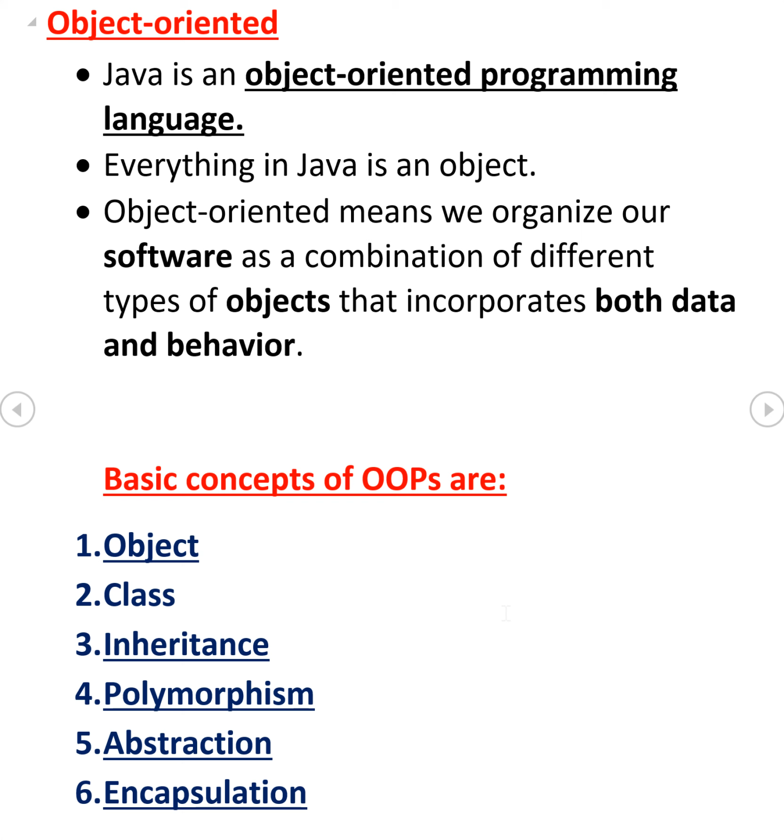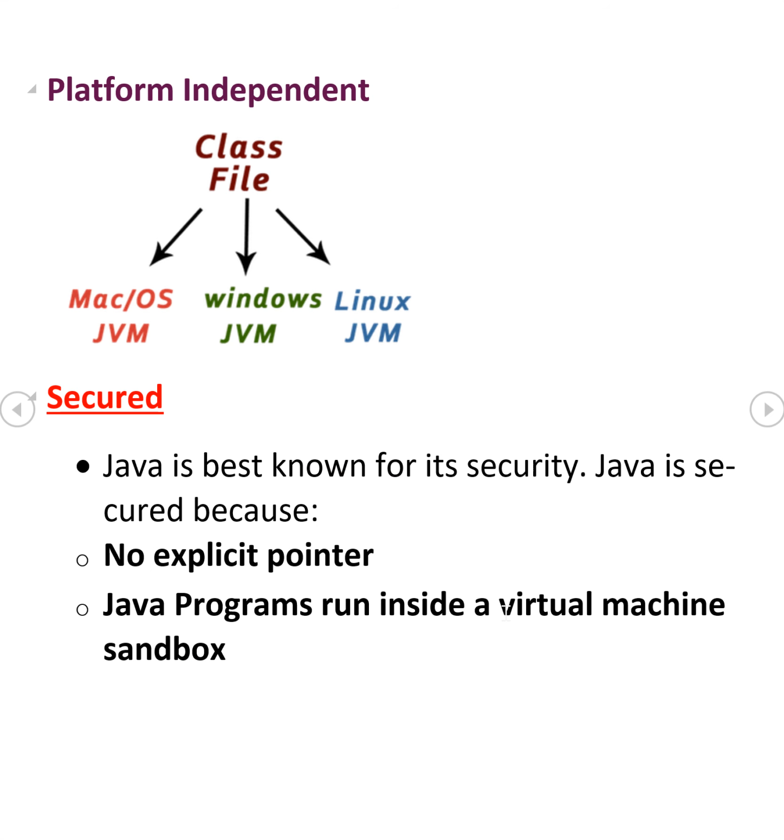So in Java everything is an object. Object oriented means we organize our software as a combination of different types of objects that incorporate both data and behavior. You have to understand the basic concepts of OOPS, which we will cover in the next lecture. So stay connected.